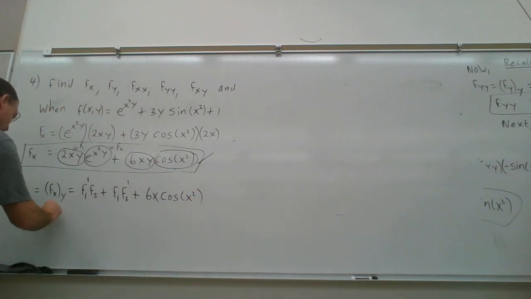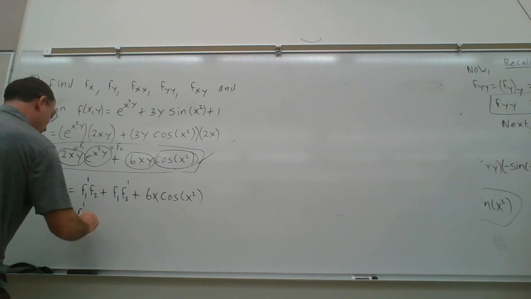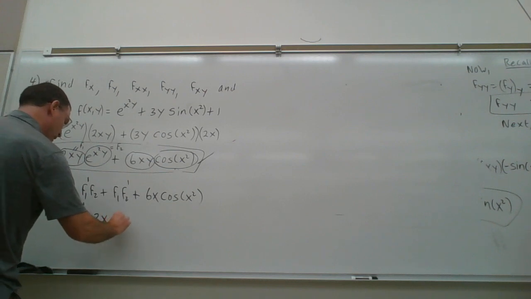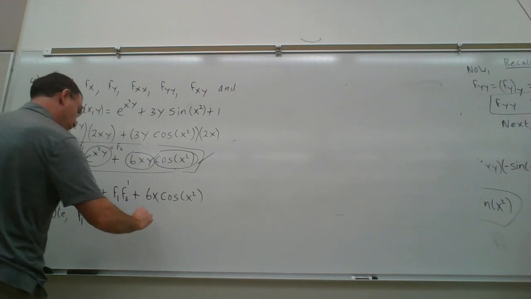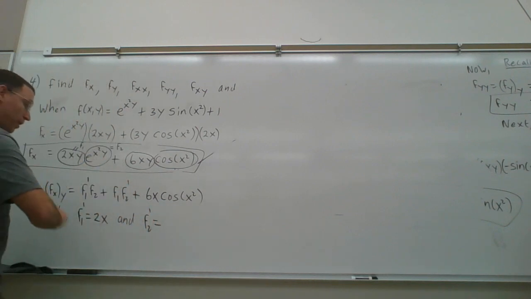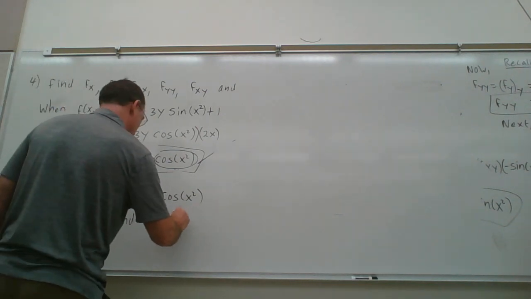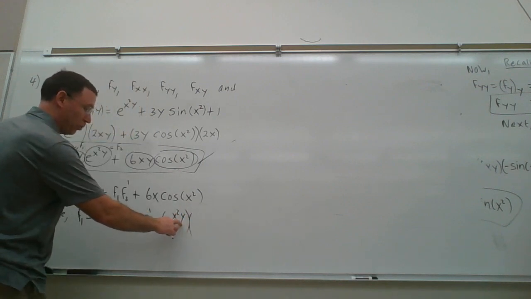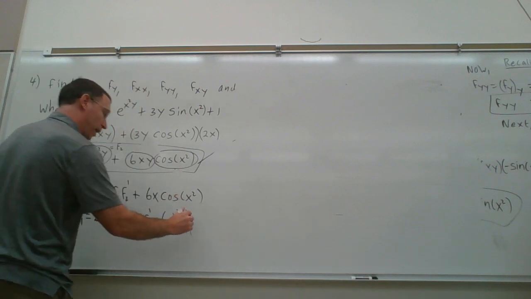So now here f1 prime, here again the prime means with respect to y, so f1's here, so it'll be 2x. And the f2 prime, f2's here, so it'll be e to the x squared y times derivative of x squared y with respect to y, so just x squared.